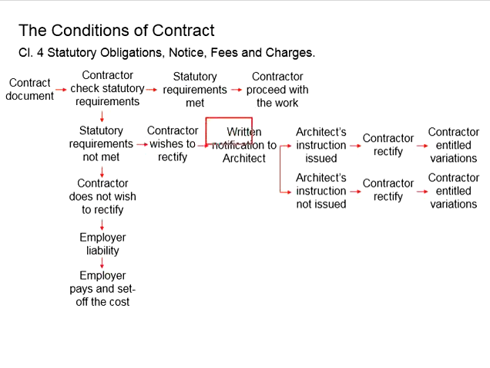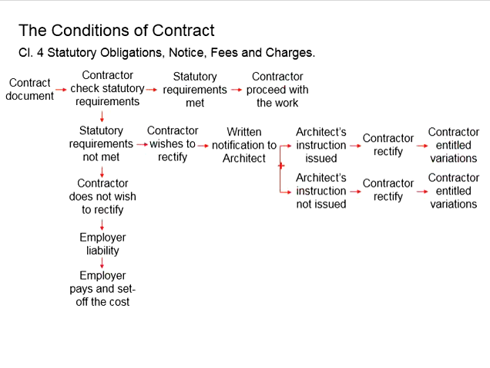He will need to notify the architect in writing and wait for the architect's instructions to be issued. Having those architect's instructions, the contractor will do the rectification works, and the contractor will be entitled to the variations.